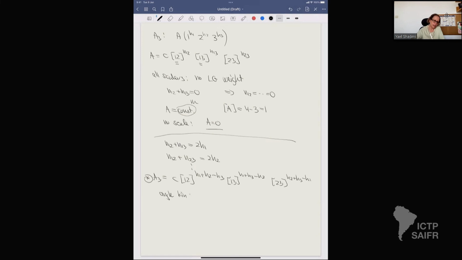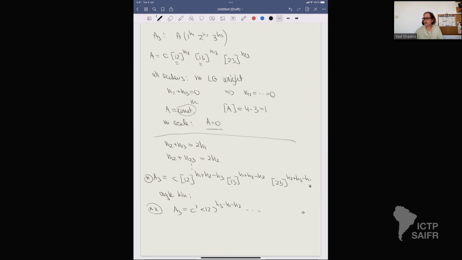If we had all angle kinematics, then we have exactly the same thing with A3 equals C prime times 1 to the H1 plus the other way around, H3 minus H1 minus H2, and similarly for the other brackets. And so now we need to decide which form is the correct form. Is it this form or is it this form?